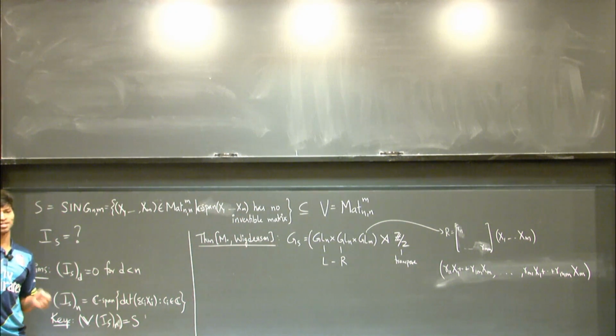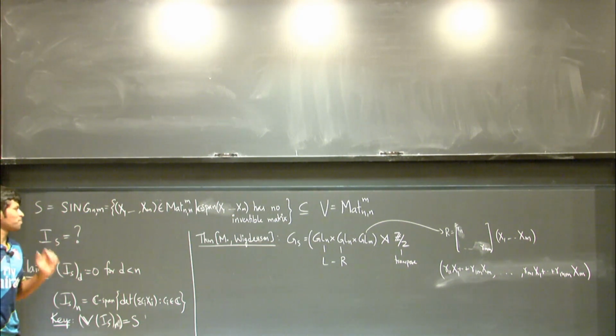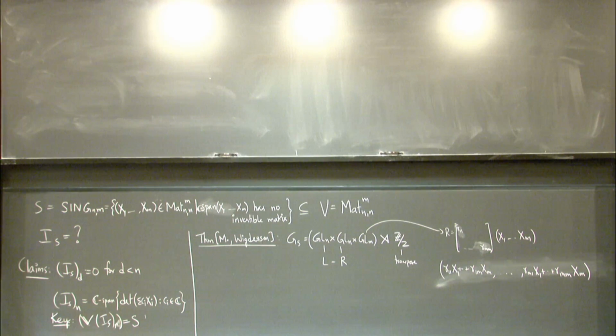That's the same thing as saying the sum of t_i x_i is singular. Now the question is, I have to understand something about this ideal to make this computation go forward. I'm going to make some claims about the ideal. We have this for all t_1 through t_n.